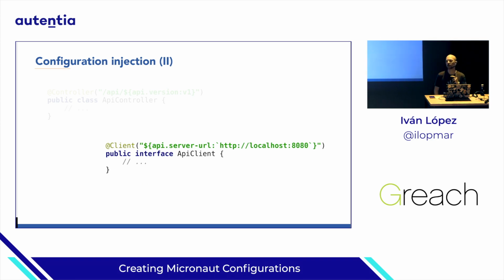One thing you need to be aware of, and we had a few issues and misunderstandings from users, is that you can see here that we use server-url. This is called kebab case, meaning all letters in lowercase with hyphen-separated words. If you put a property name in camel case here, it's not going to work.